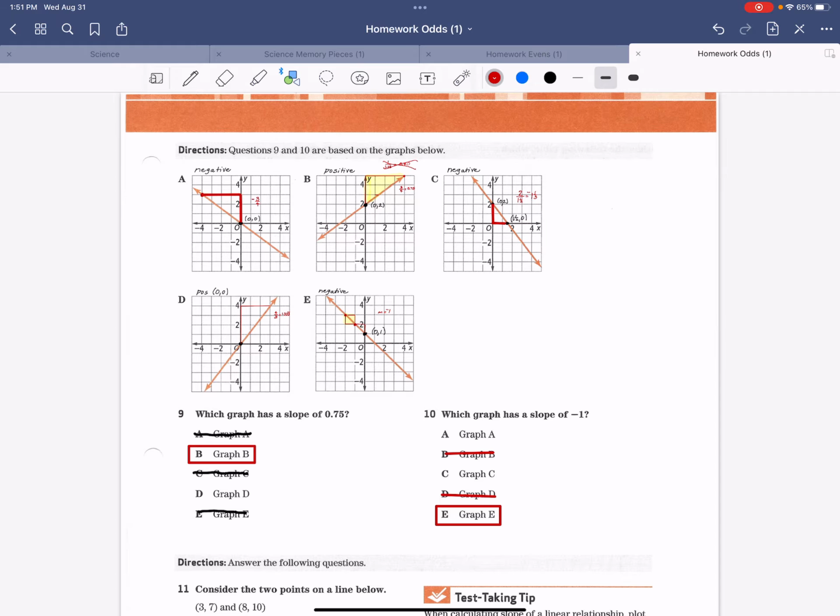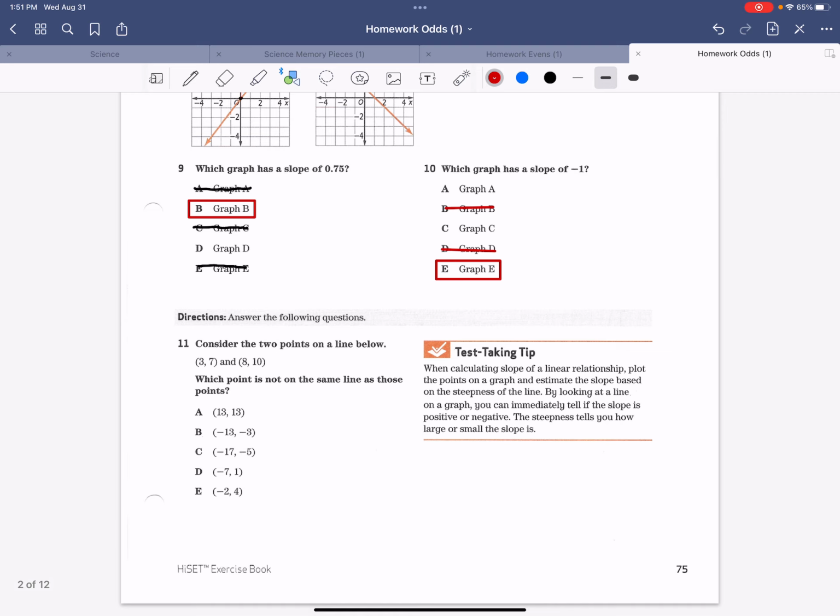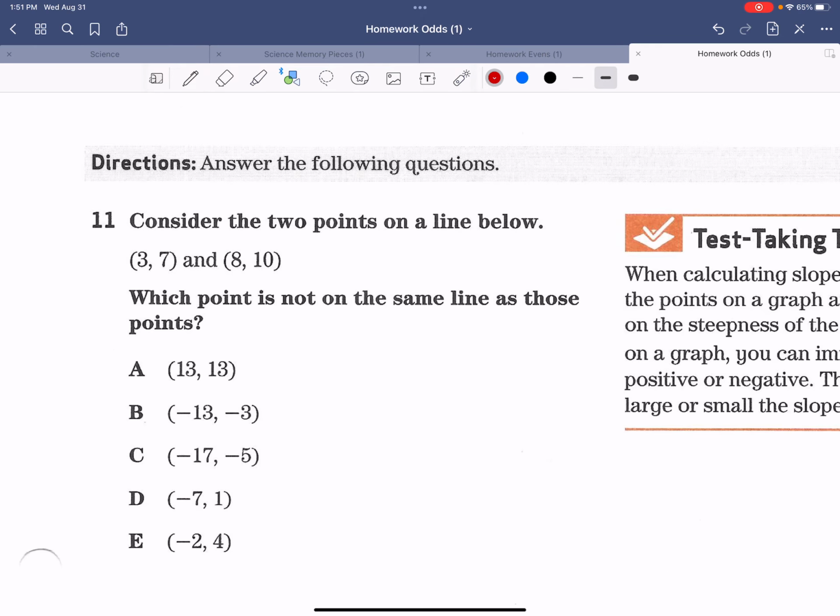All right, number 11. Consider the 2 points on a line below. Which point is not on the same line as those points? All right, so we are looking at 2 points. And if I have 2 points, I can find what?